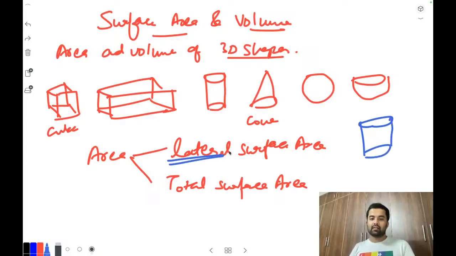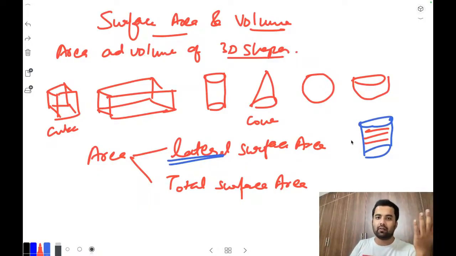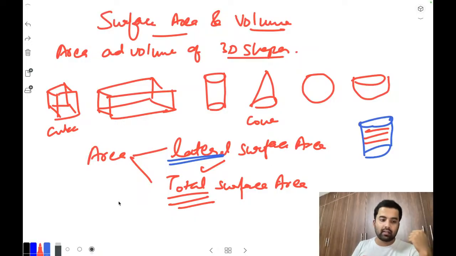If we have to find the lateral surface area, that means only the side part. Let me mention that also, only the side part. Just take a water bottle, a cylinder shape. If you mention only the side part area, that means lateral surface area. And if we have to go for total surface area, the top circle part and the bottom circle part will be included. I hope this is clear.